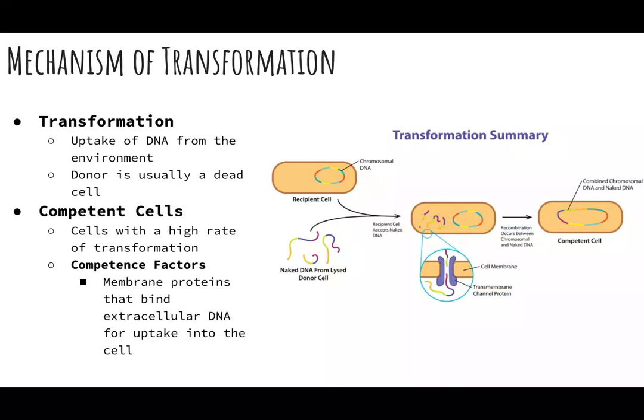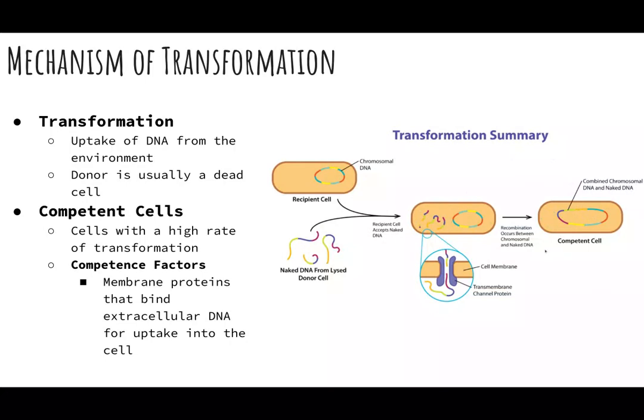Once that DNA is in the cell, the cell actually looks for regions of what are called homology, areas where the two pieces of DNA are similar, and then they use that to actually insert this new environmental DNA into their chromosomes.